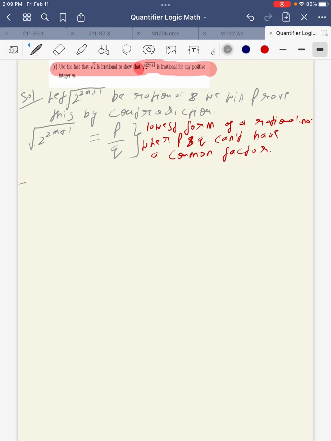Okay, so we can break the stuff in the root by saying 2 to the power 2m dot 2 to the power 1.